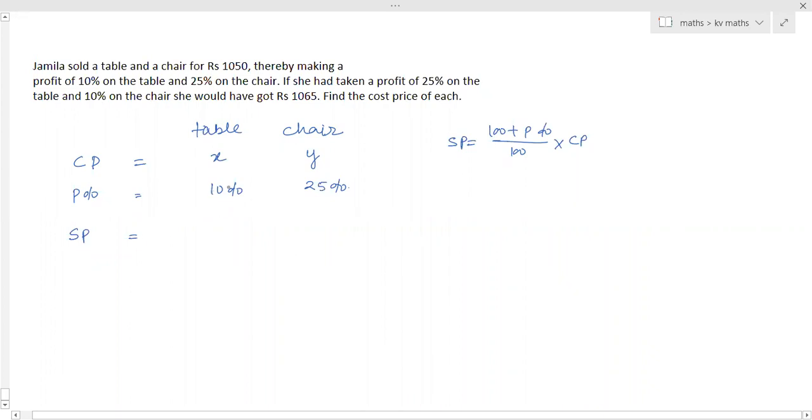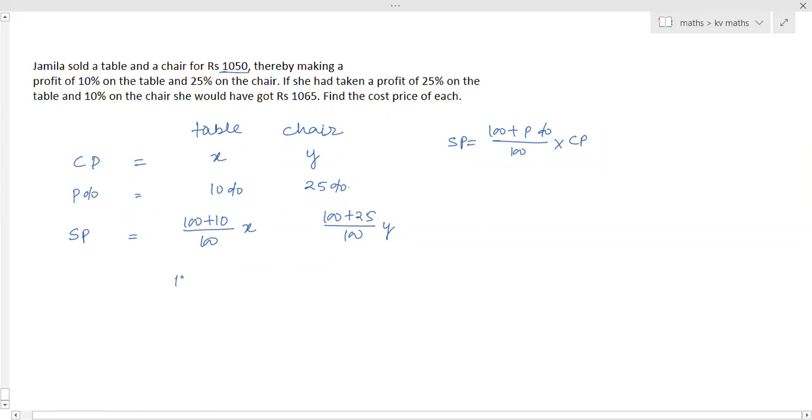Now profit percent is 10%, so that is 100 plus 10 by 100 into CP, which is X. And for chair, 100 plus 25 by 100 into Y. Now this is the SP of table, this is the SP of chair, and altogether it is 1050.